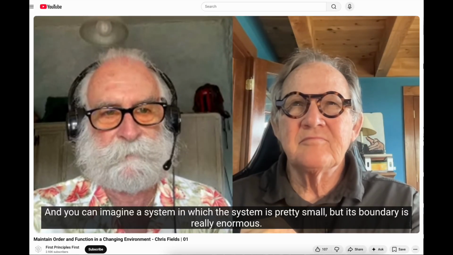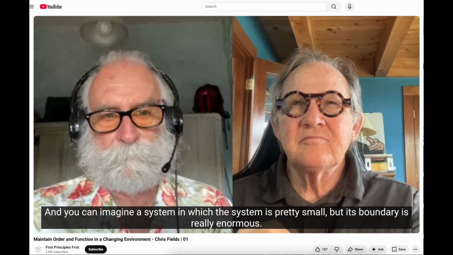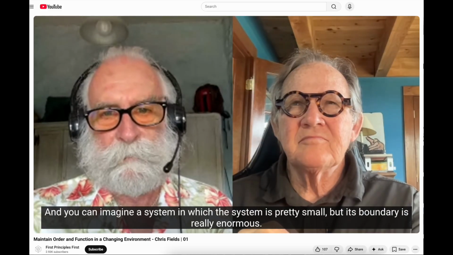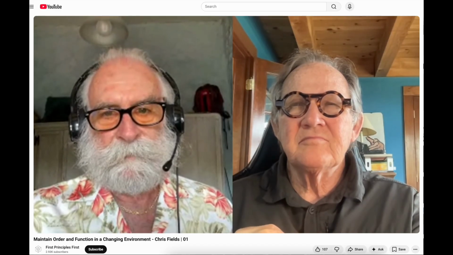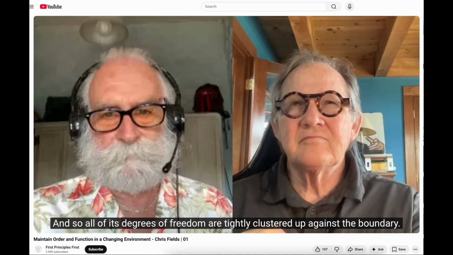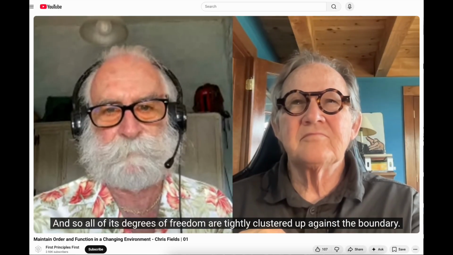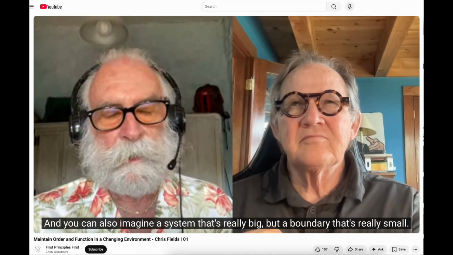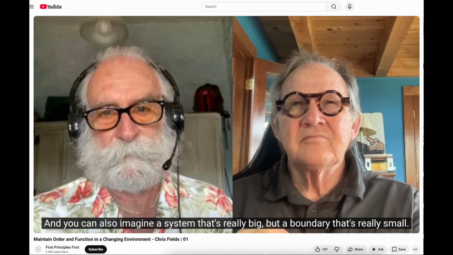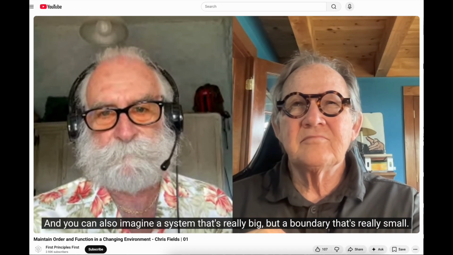I mean, you can imagine a system in which the system is pretty small, but its boundary is really enormous. And so all of its degrees of freedom are tightly clustered up against the boundary, so they're highly involved in its interaction with its environment. And you can also imagine a system that's really big, but a boundary that's really small.